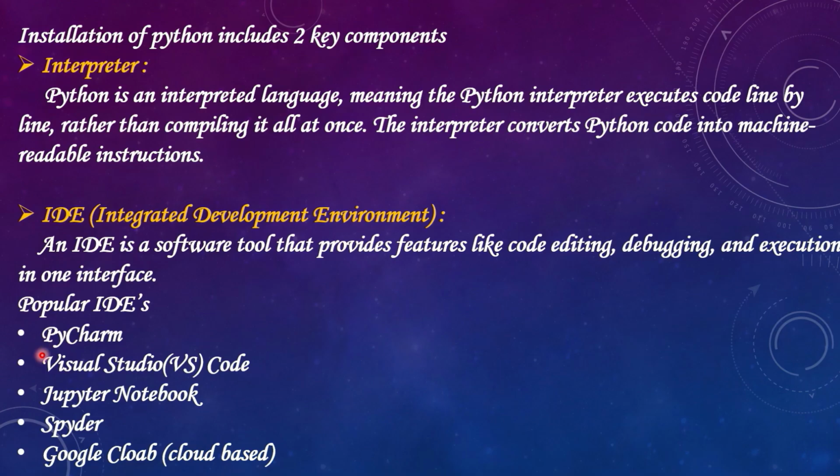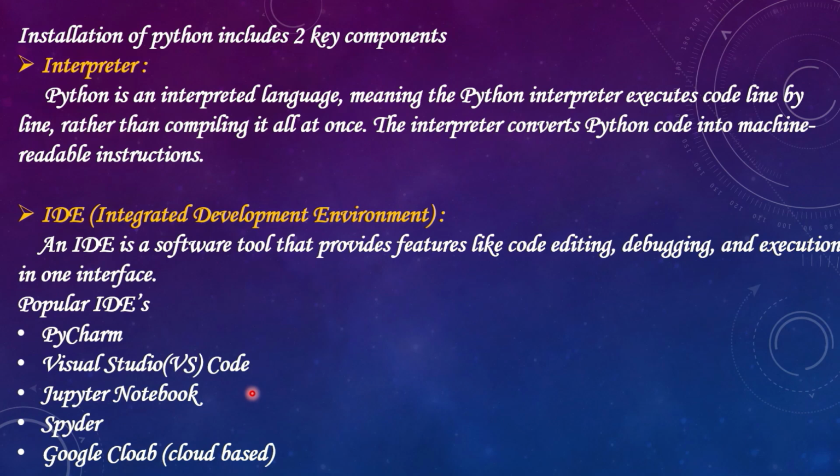And here is the list of popular IDEs that are available in the market: PyCharm, Visual Studio Code or VS Code, Jupyter Notebook, Spyder, and Google Colab. If you are a professional developer and want to implement code for large-scale projects, then you can go for the PyCharm IDE. If you are a beginner, intermediate or experienced developer, then you can go with Visual Studio Code.